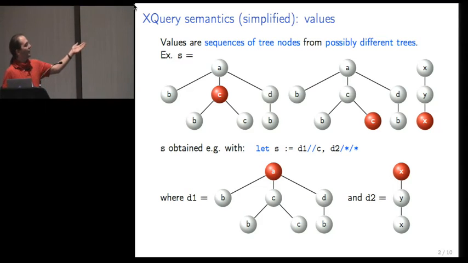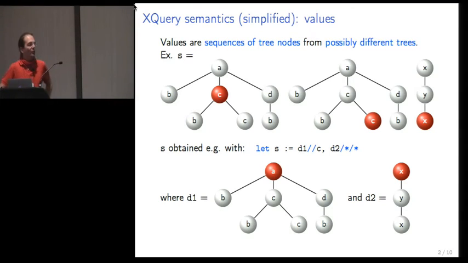For example, I have two documents, D1 and D2, these two trees here. And I want to select all C nodes which are descendants of my first node, here A, and all grandchildren of my second document. So I obtained the value S above.